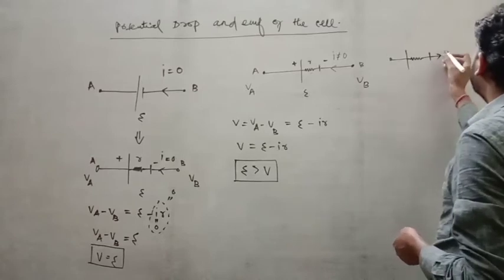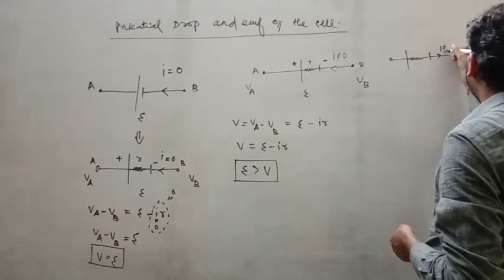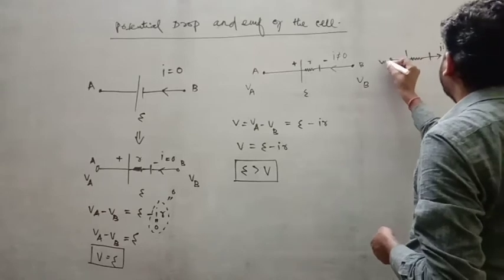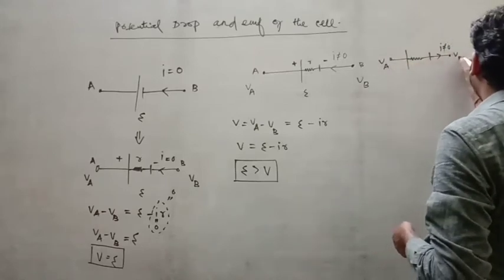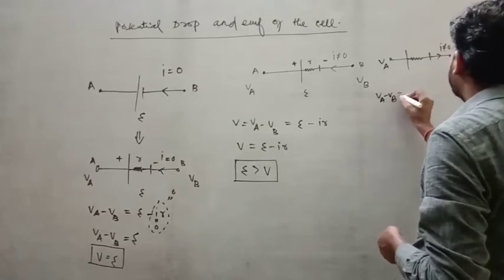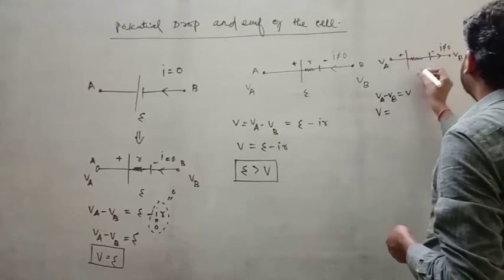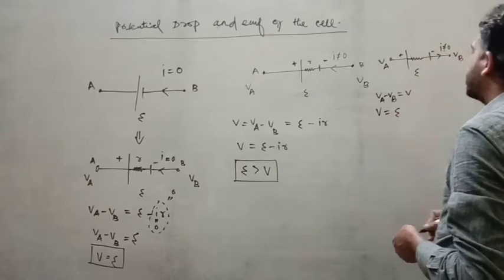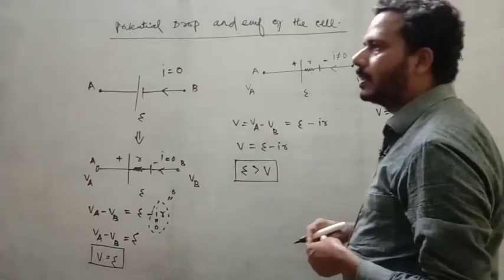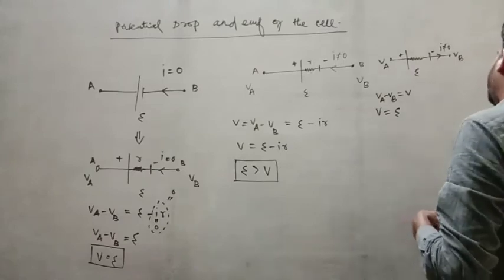So I is not equal to 0, and current I is flowing from A to B. Take VA here and VB here. In the same manner VA minus VB is V. So V is equal to, going from higher to lower, the EMF of the cell positive, and now the current is also flowing in the direction of A to B. That means what?